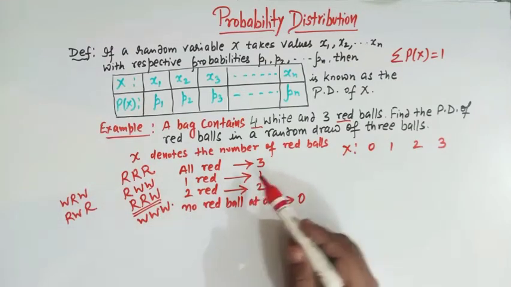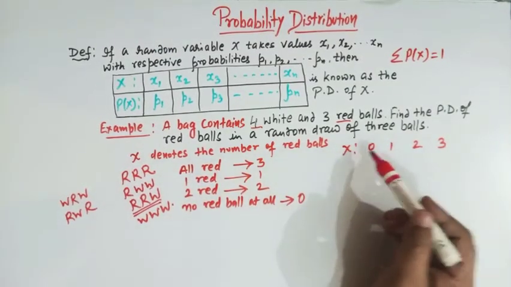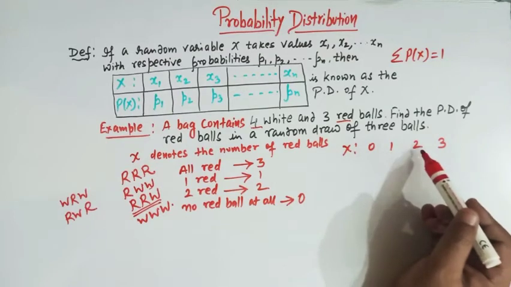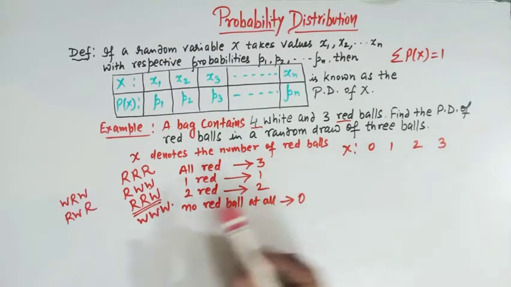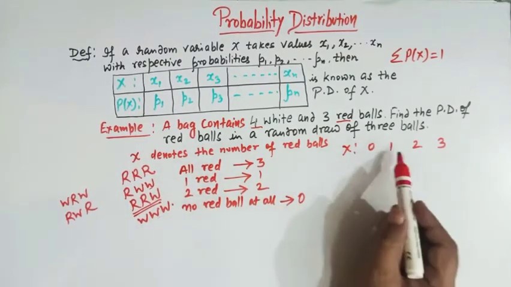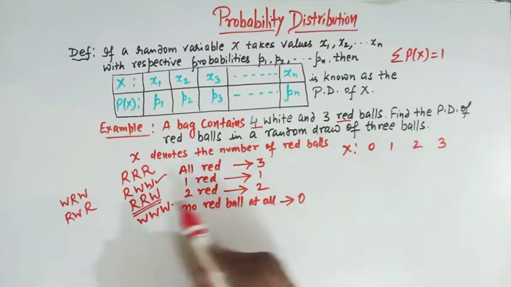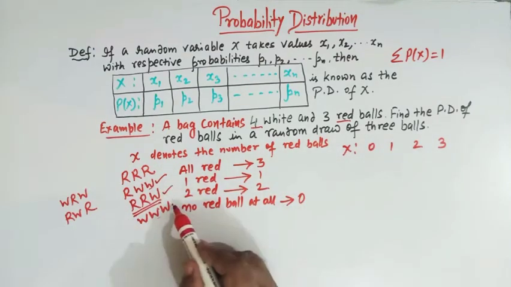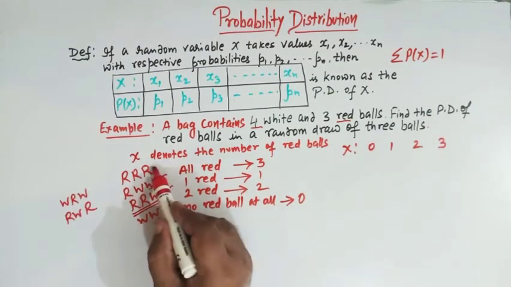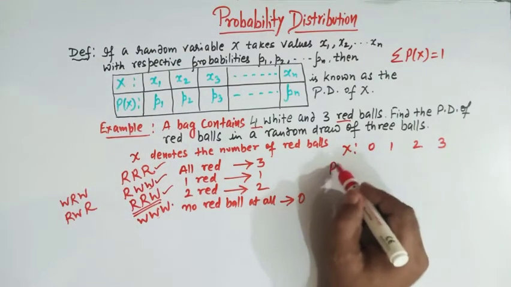In this way the random variable X takes the value 0, 1, 2 and 3. So 0 denotes no red ball, 1 denotes one red ball, 2 denotes two red balls, and 3 denotes 3 red balls, right?